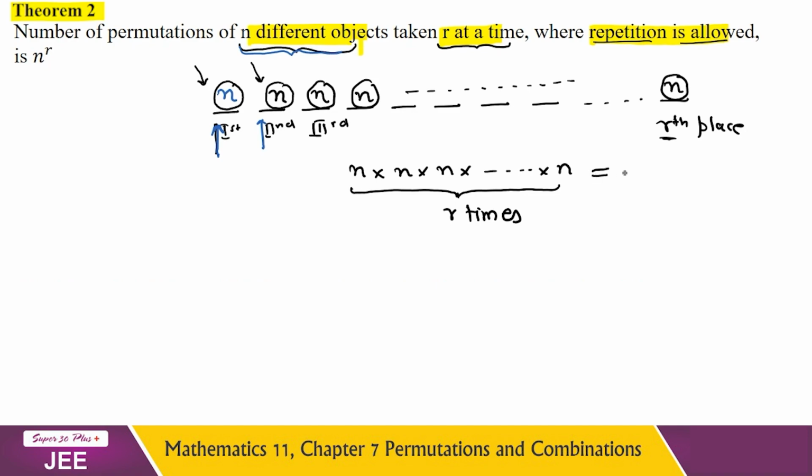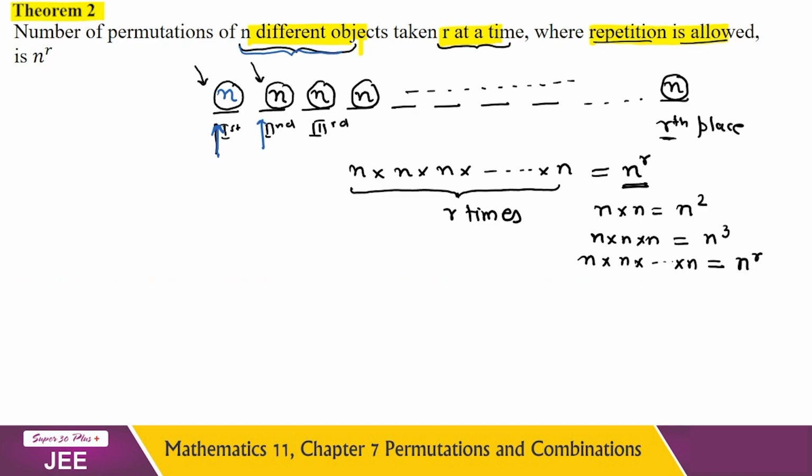So this is equal to n raised to the power r, because if I had multiplied n 2 times, I would get n square. If I had multiplied n 3 times, I would get n cube. So if I multiply n r times, what I am going to get is n raised to the power r. So the answer of this case is going to be n raised to the power r.